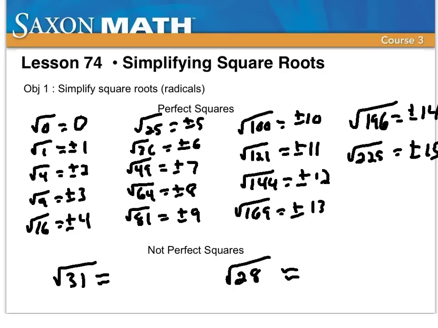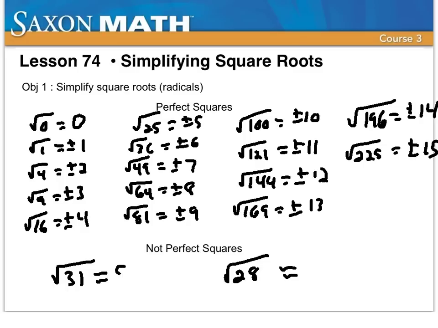So for example, if I take the square root of 31 and put it into the calculator, I get 5.567764... That number keeps going and going and never repeats, so that's an irrational number.